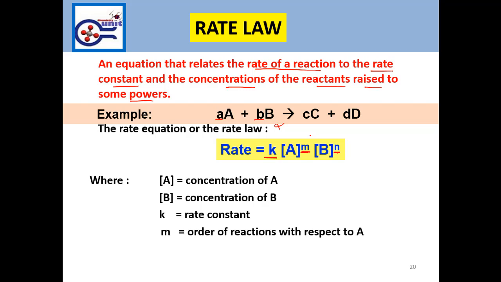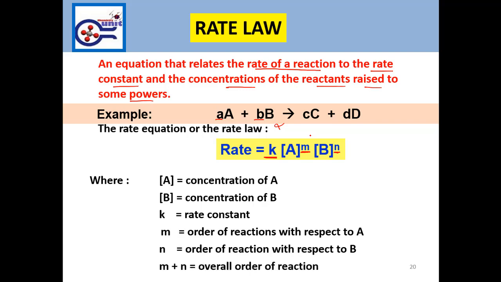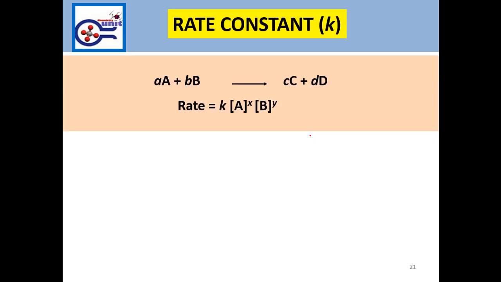M tu adalah order of reaction untuk A, dan N pula order of reaction untuk B. For apa-apa reaction, kita boleh tentukan overall order reaction dia. Macam mana nak tentukan? Kita tambah M dengan N tu, kita akan dapat overall order of reaction.